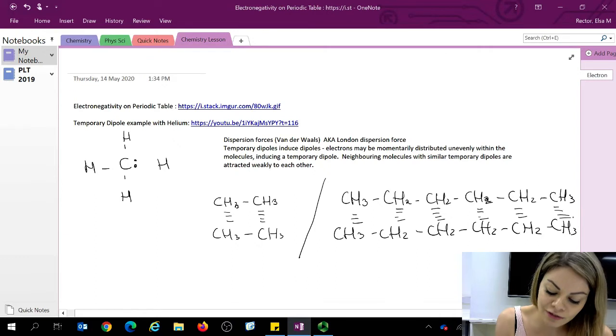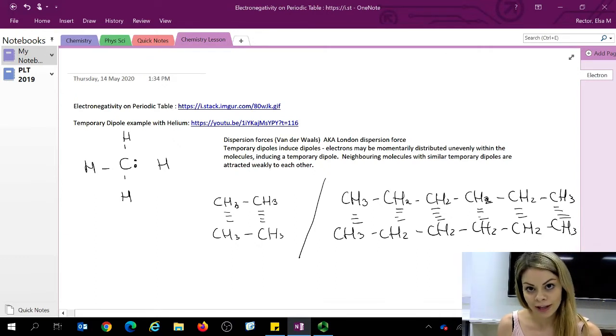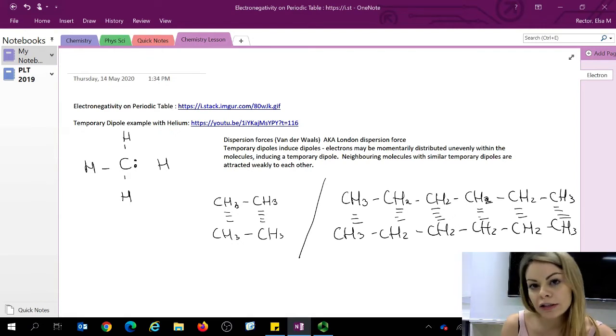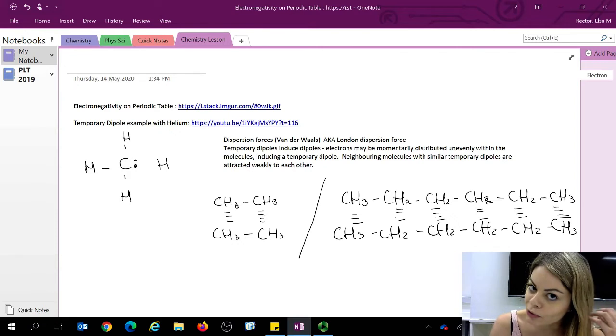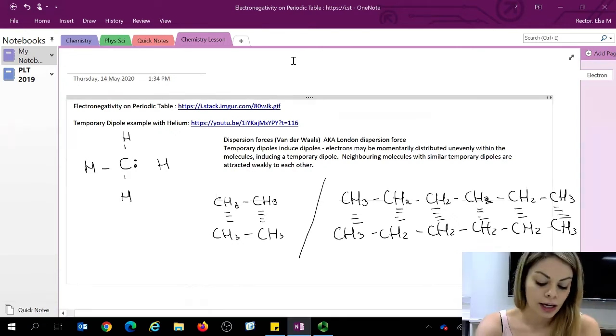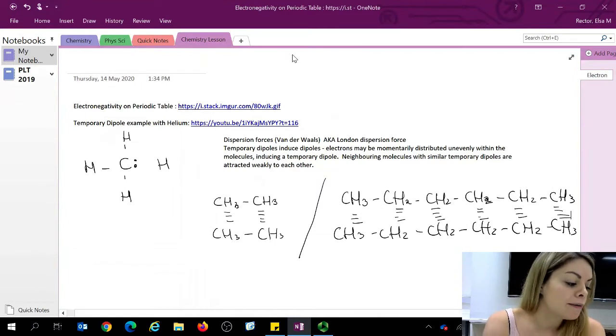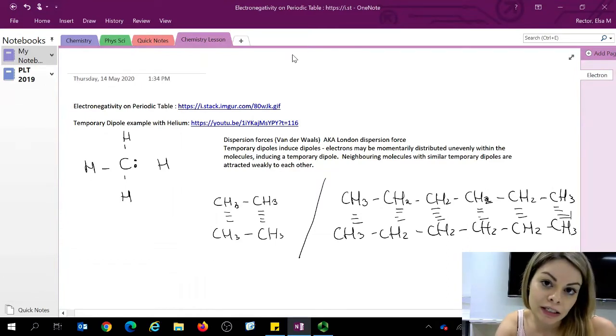Now we can get van der Waals forces all along there. Okay, so that means that the bonding between hexane molecules is stronger than the bonding between ethane molecules. That means that hexane is going to have a higher melting and boiling point, okay?